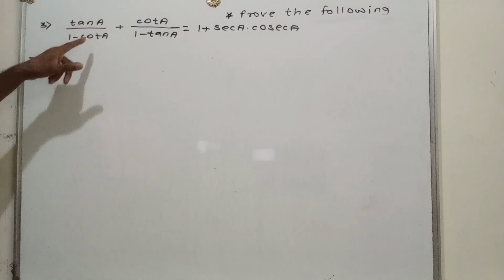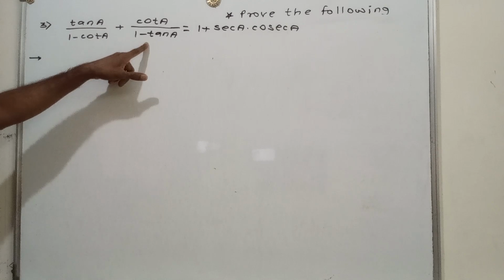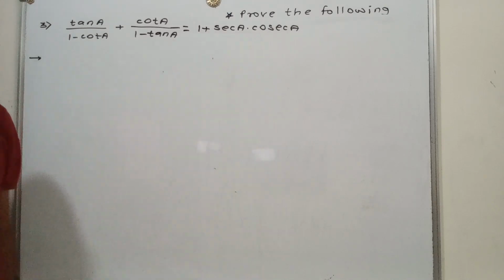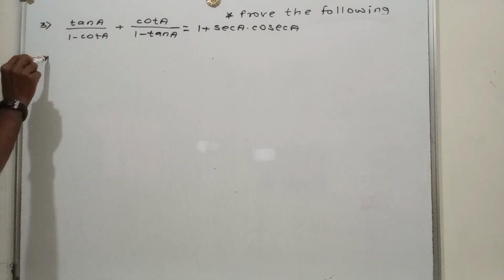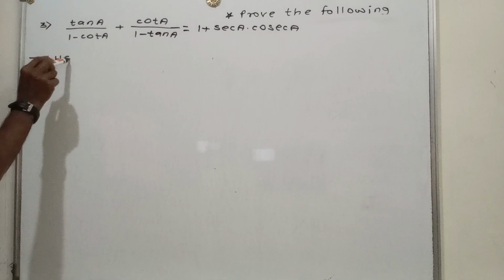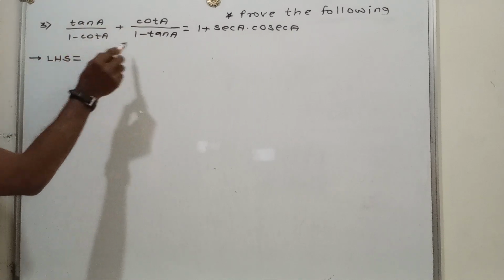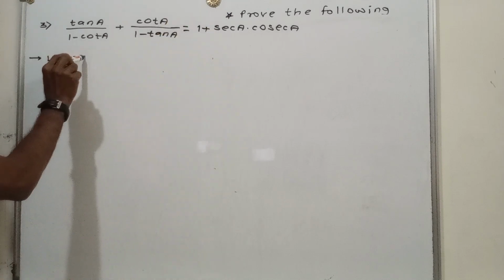Third example: tan A upon 1 minus cot A plus cot A upon 1 minus tan A is equal to 1 plus sec A into cosec A. Here first we write LHS. This is our LHS, and with the help of this LHS we will prove our RHS.